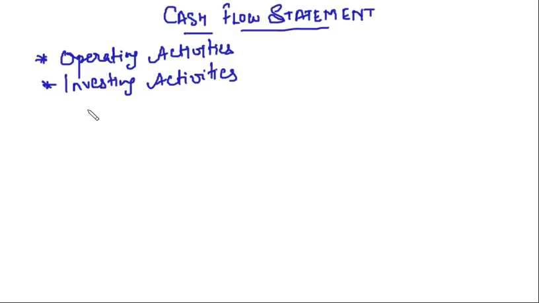In the very beginning of the chapter I told you we calculate cash flow from three activities: operating, investing, and what is the third one? The third one is financing activities. Clear?